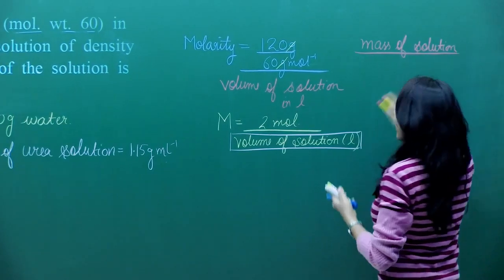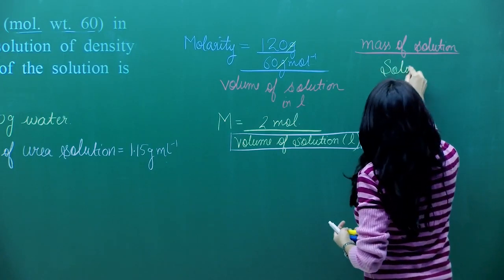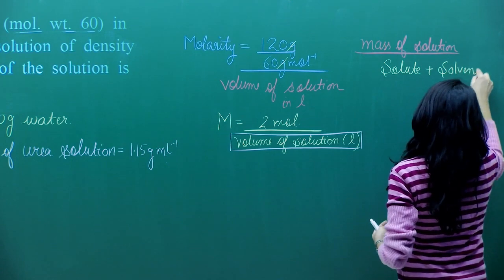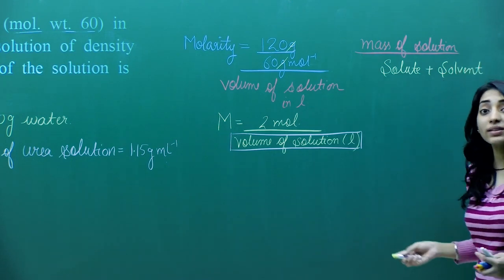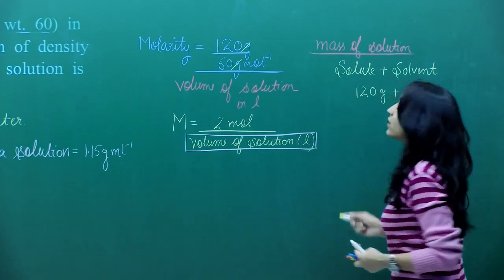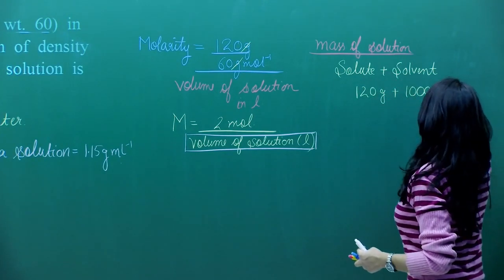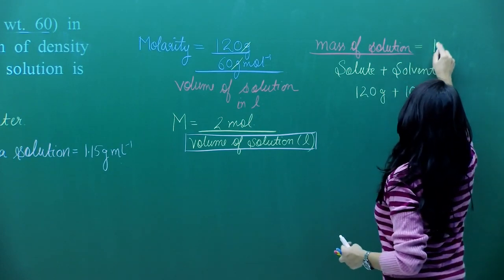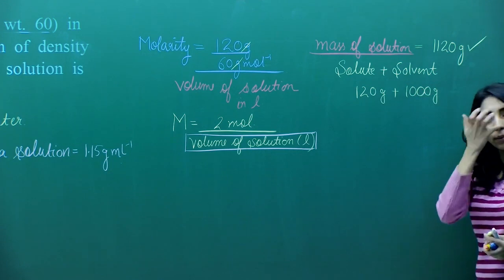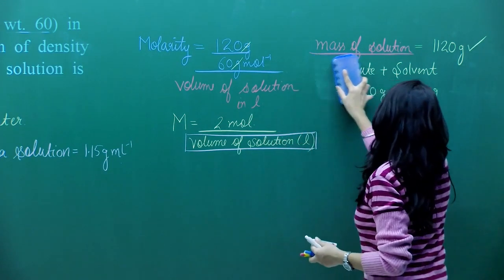You can say that the mass of solution will be equal to the mass of solute plus the mass of solvent. What is the amount of solute? 120 grams. What is the amount of solvent? 1000 grams. So what should be the mass of solution? 1120 grams. Am I right? So we are done with the mass of solution also.